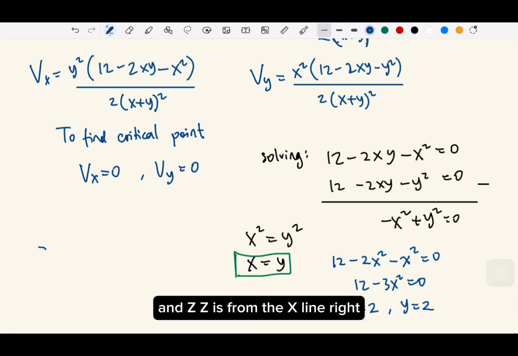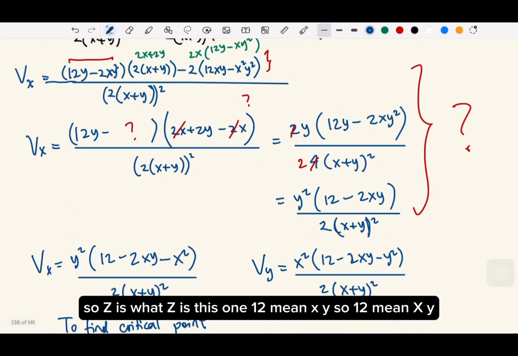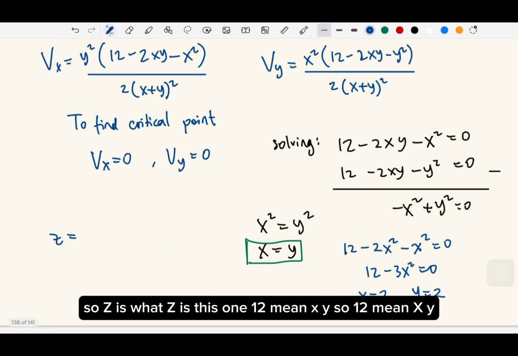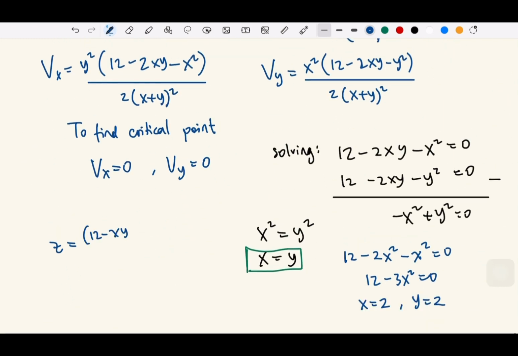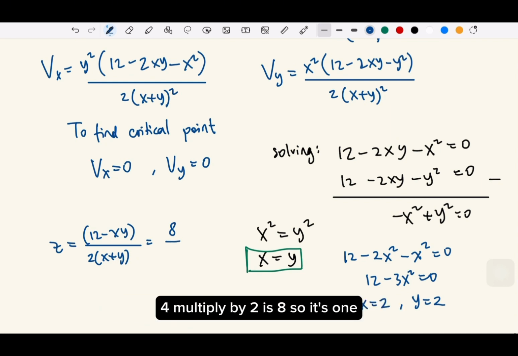And z is from the xy, right? So z is 12 minus xy over 2x plus y. So z will be 12 minus 4, which is 8, and then 4 multiplied by 2 is 8. So it's 1.